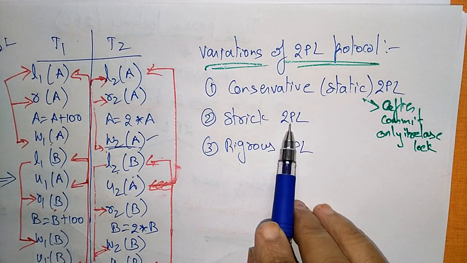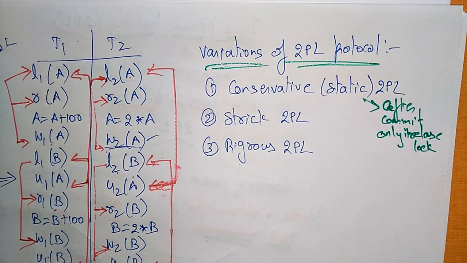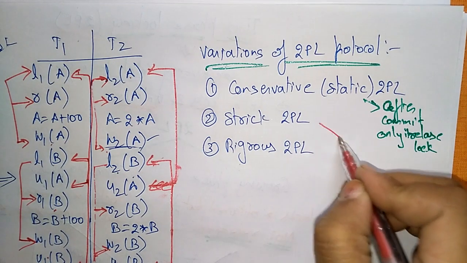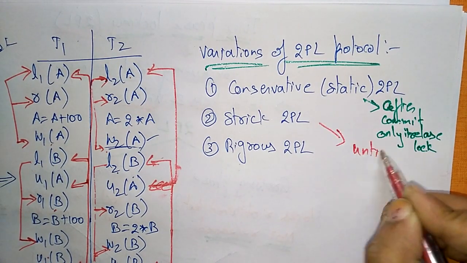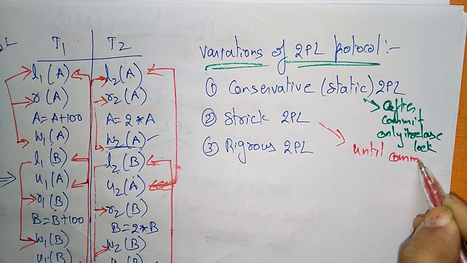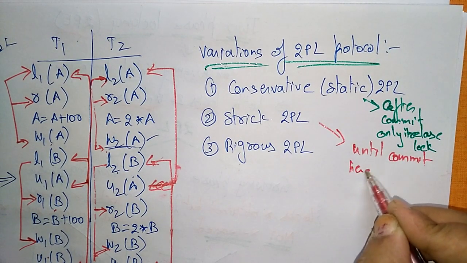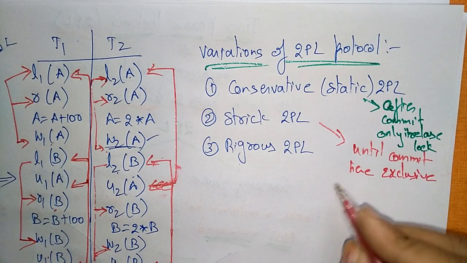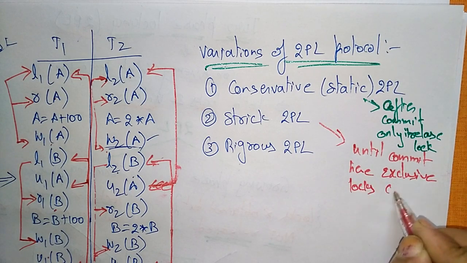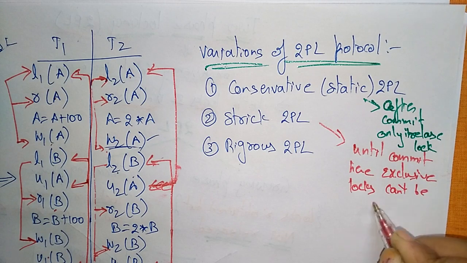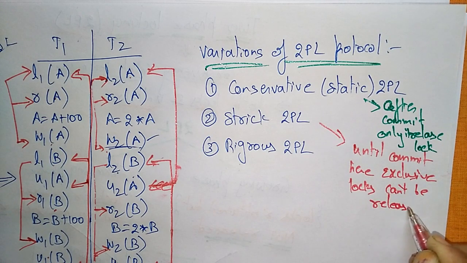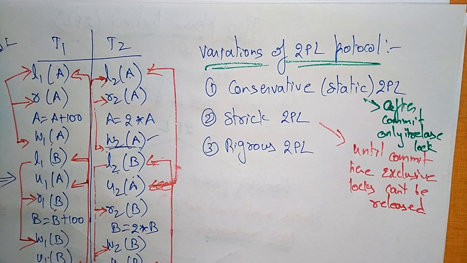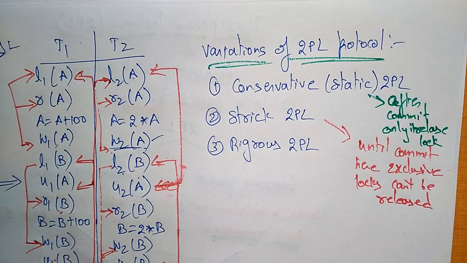In strict two-phase locking, exclusive locks cannot be released until commit. That you have to note here.